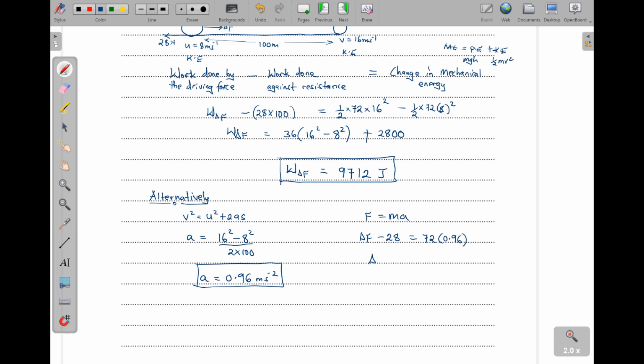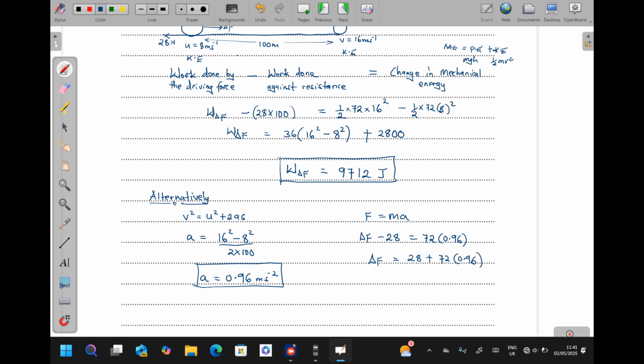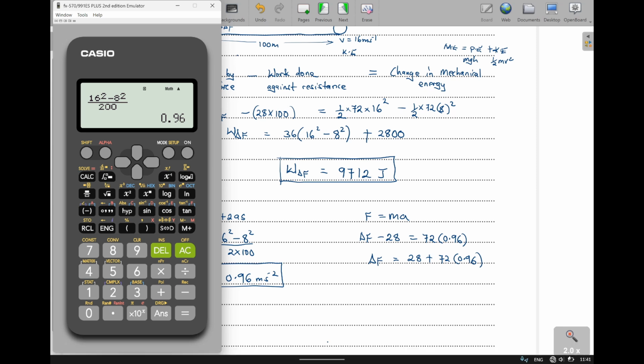So the driving force is 28 plus 72 multiplied by 0.96. What do we get altogether? 0.96 times 72, then plus 28, gives us 9712.